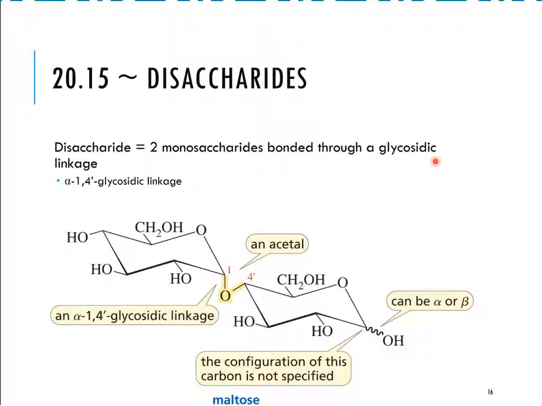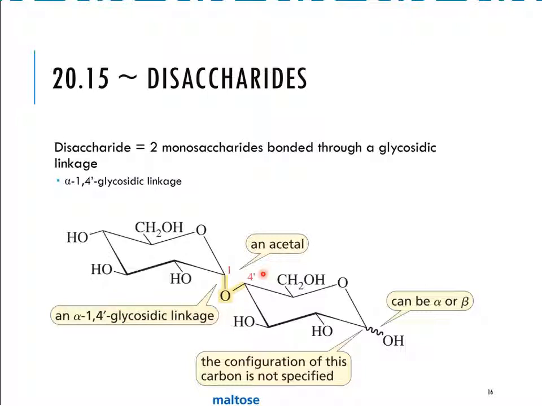So this one is called an alpha 1,4' glycosidic linkage. So let's talk about the language there. So first off, 1,4'. That's because we're using carbon number 1 and carbon number 4 of another ring. The prime is there because it's telling us that carbons 1 and 4 aren't on the same ring. So it's just saying it's a different ring.